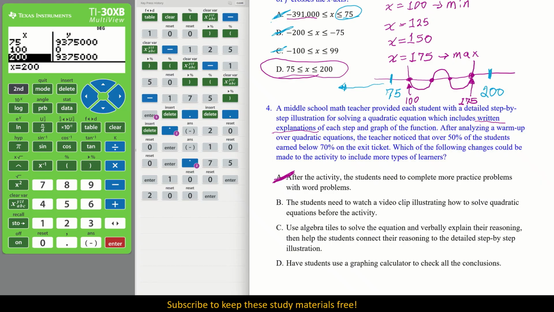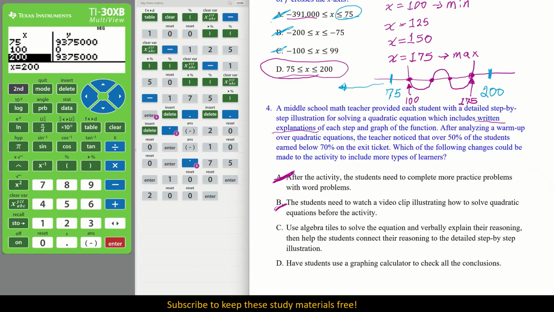Let's look at B. The students need to watch a video clip illustrating how to solve the quadratic equation before the activity. I don't know how helpful that would be. It is a visual, but there is also a graph with the function. So, unless it had more audio, which it doesn't say, it just says video clip. I don't think that's the best choice. I'll put a line under it, but I'm not seeing what I think I need.